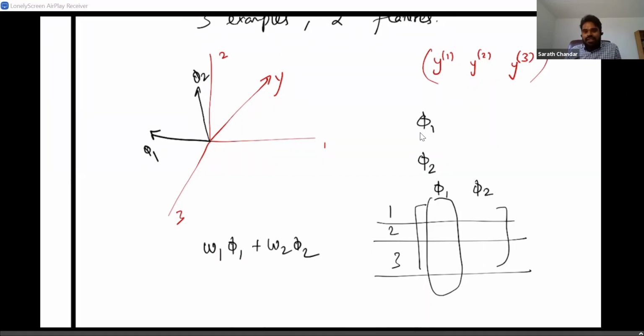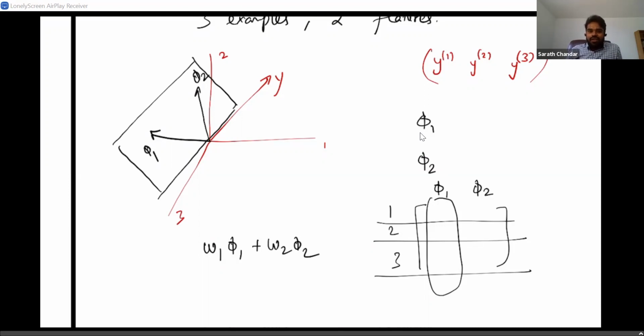So these features are going to help you cover a linear subspace of dimensionality 2. Let's consider that subspace to be something like this. So this is the 2D space covered by phi1 and phi2.